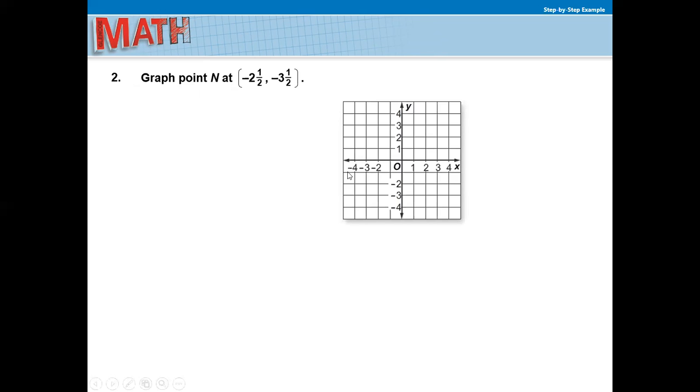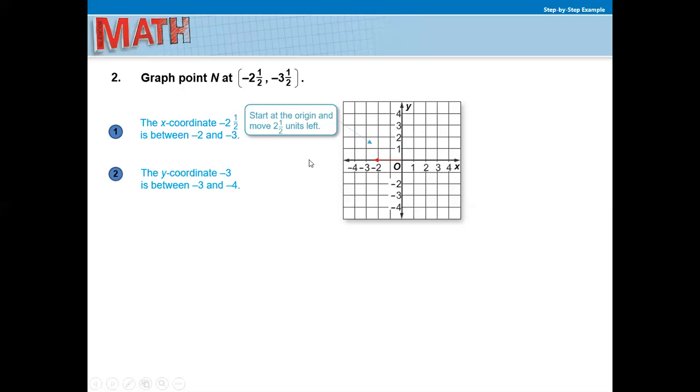Number 2, graph point N at -2.5, -3.5. The x-coordinate is -2.5, which is between -2 and -3. Start at the origin, 0, 0. Move 2.5 units left.